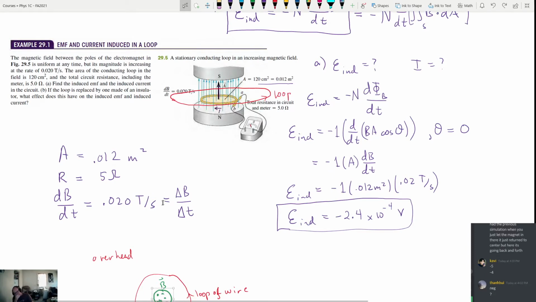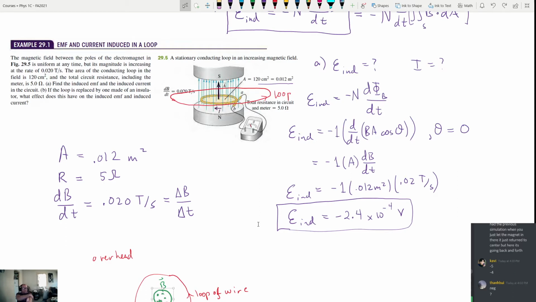All right. Now, what does the negative sign mean? The negative sign means that if you were to point your fingers in the direction of the magnetic field, then your fingers would sweep around kind of in this direction here. The negative sign tells you that the direction of the current is going to be opposite to that.